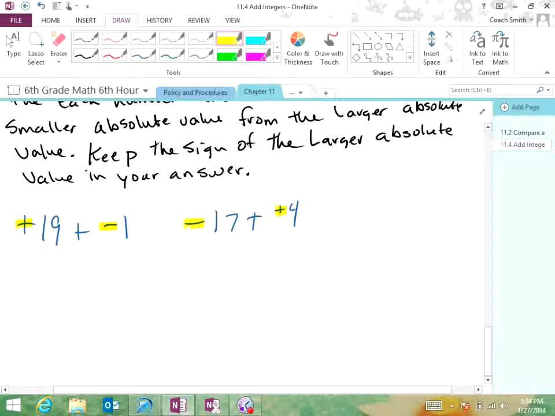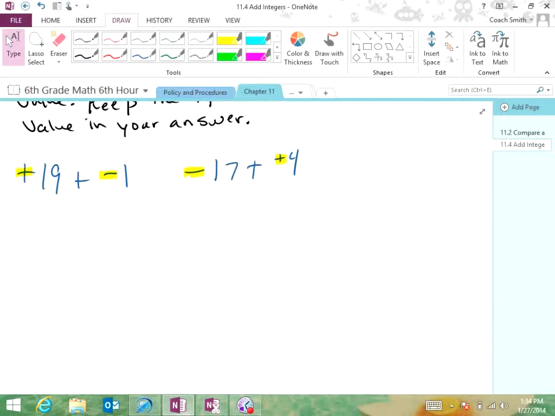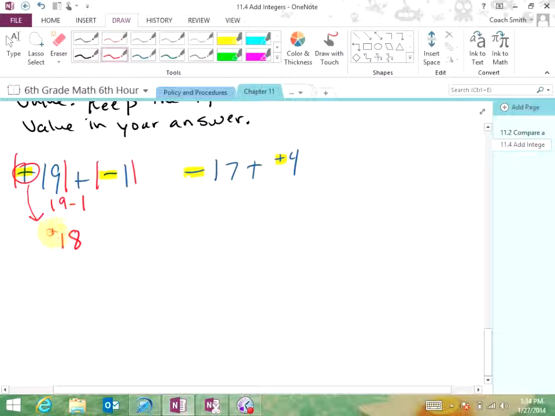First one. Tayshawn, what did you get? Positive 18. That is correct. Take the absolute values and subtract them: 19 minus 1, which is 18. The larger absolute value is positive, so it stays positive. A student asks about the positive sign.